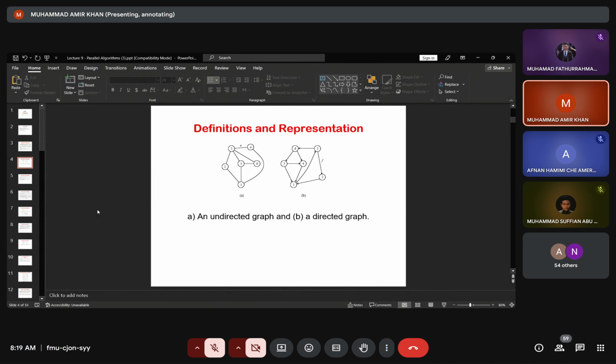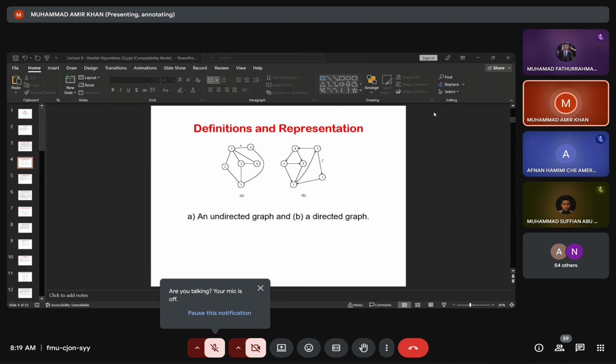So, for example, number one is a directed graph, and number two is an undirected graph. Can anybody tell me the simple difference between directed and undirected graph? Yes, very easy. Hurry up.